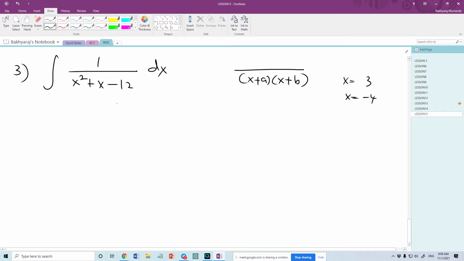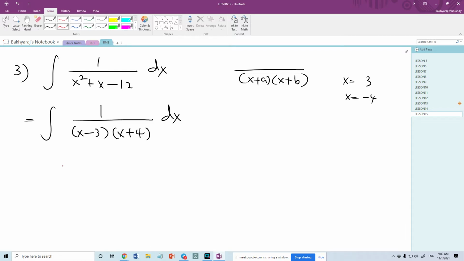Okay, so we get 1 over x minus 3, x plus 4 dx. So kita kena tukar ni dulu. So we must get this form first. Then we can proceed for the solution.